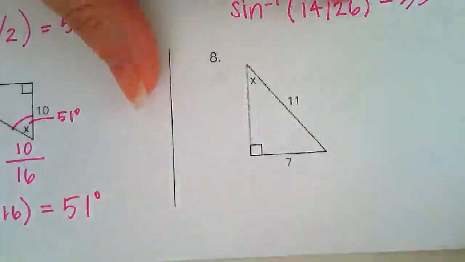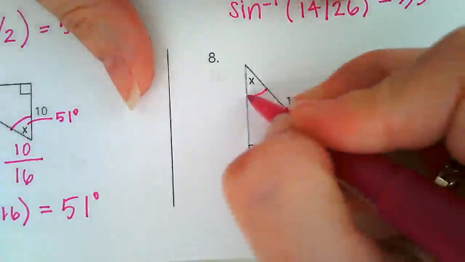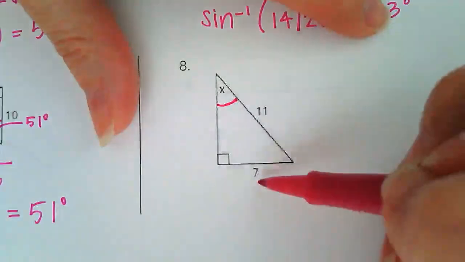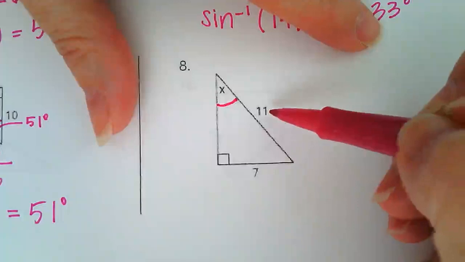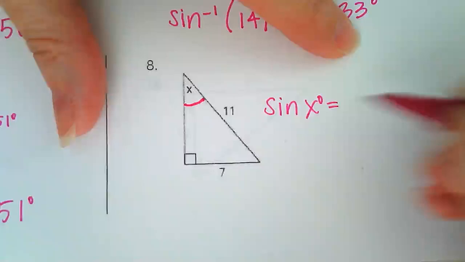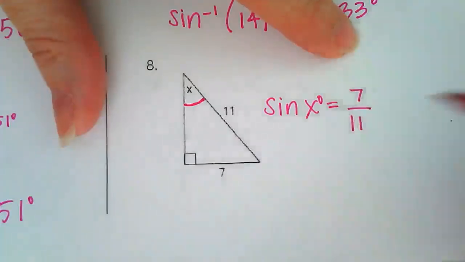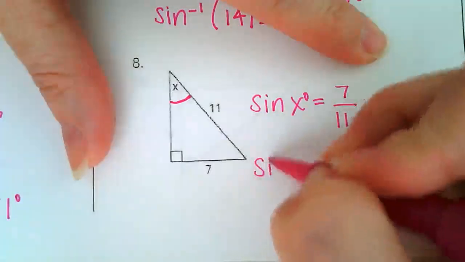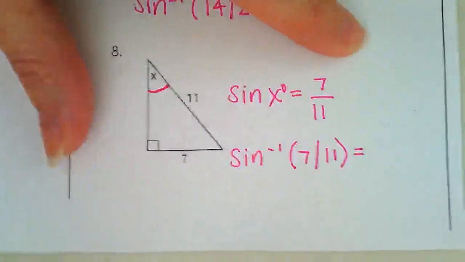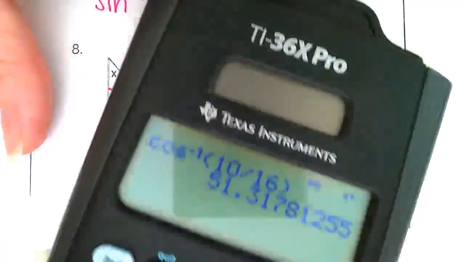All right, next up, we have this angle. Let's see if we can plow through these a little faster. From this angle, we have opposite and hypotenuse, so that means sine, opposite over hypotenuse. We need to type in the inverse sine of 7 over 11.